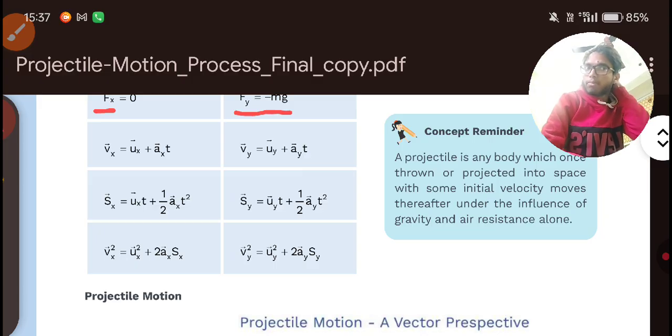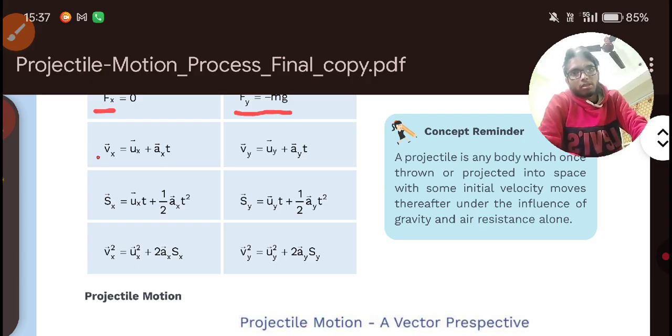This is also known as an equation of motion. V is our final velocity of the object covering x, u is our initial velocity, a is our acceleration, and t is the time.